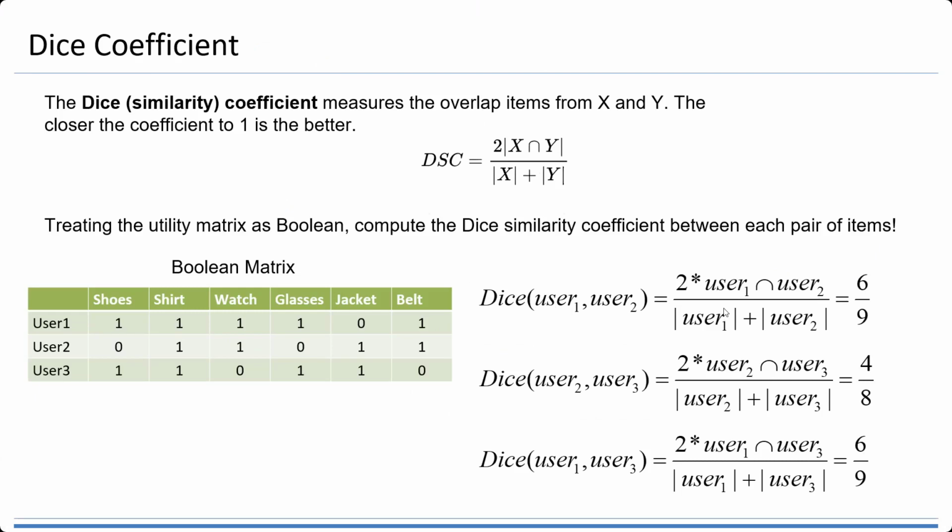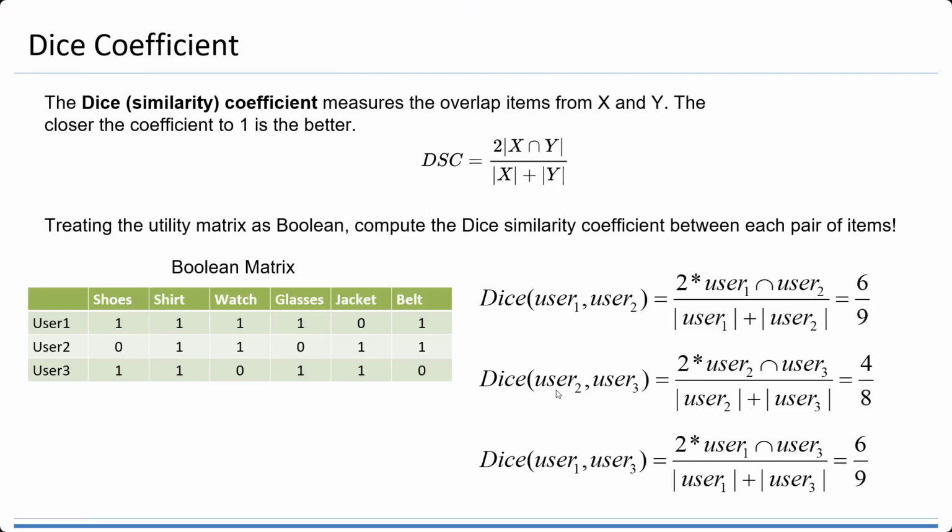This is the data that the user 1 has. How many data do we have here? 1, 2, 3, 4, 5. Then the length of user 1 is 5. What about the user 2? 1, 2, 3, 4. So 5 plus 4, it is 9. Then the dice between user 1 and user 2 is 6 over 9.